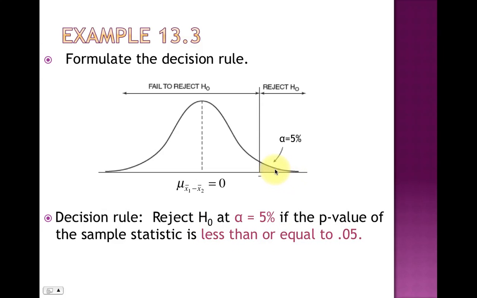The p-value is going to be the area that goes from the test statistic all the way up to positive infinity. The smaller the p-value, the further that test statistic is away from the center. And that's ideally what you want to show that there is a significant difference. So you always want a p-value less than or equal to alpha, even if your test is a greater than test.